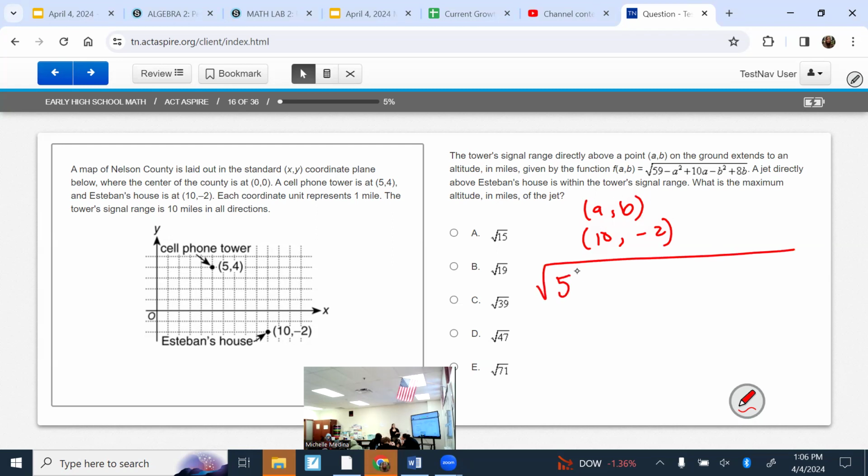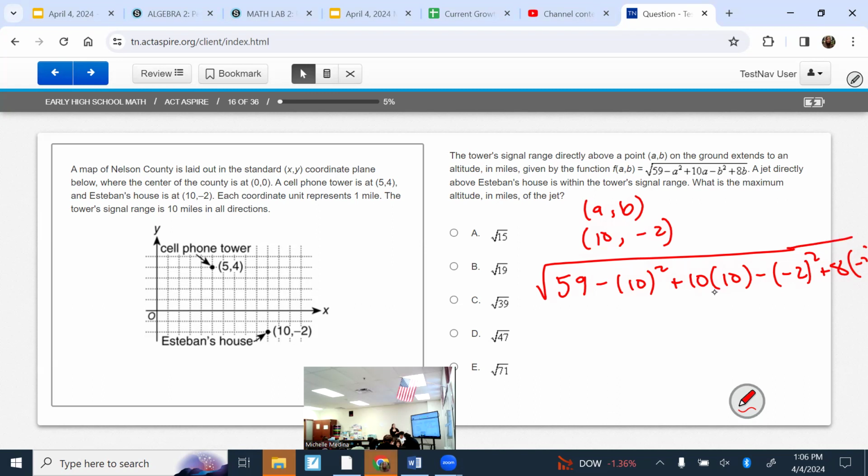it goes 59 minus 10 squared plus 10 times 10 minus B squared, which is -2 squared, plus 8 times B, which is -2. Sorry, kind of squeeze it in there.